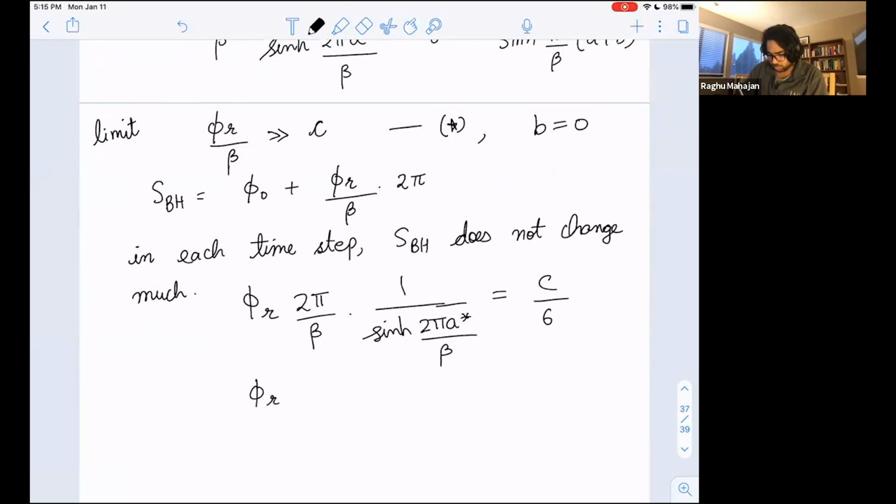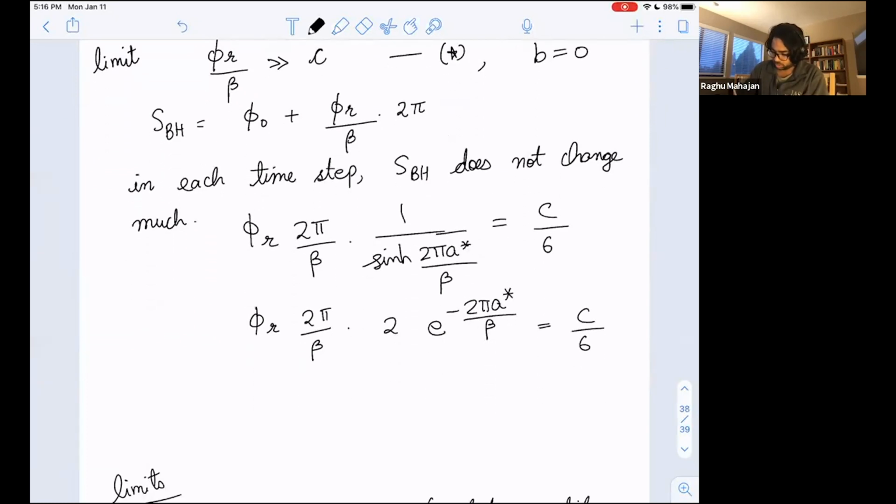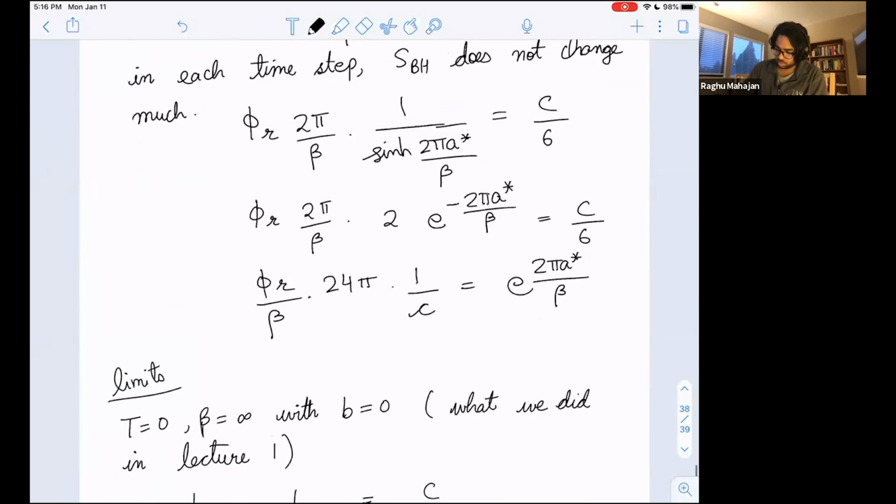So that says that we can basically replace the sinh by an exponential. It's 2 times e to the negative 2 pi A star over beta equals C over 6. So we just collect stuff. We have phi r over beta times 24 pi times 1 over C equals e to the 2 pi A star over beta.